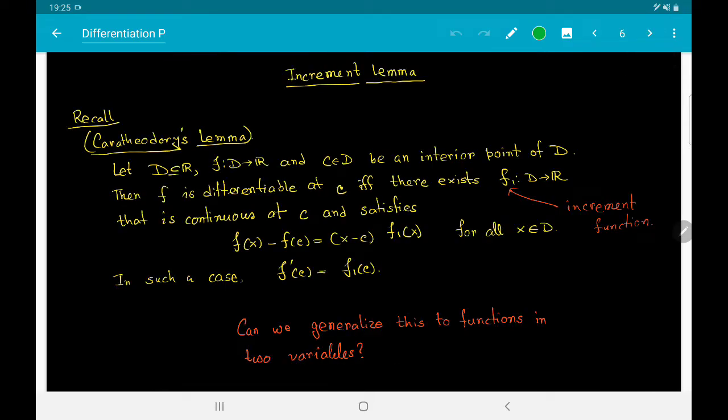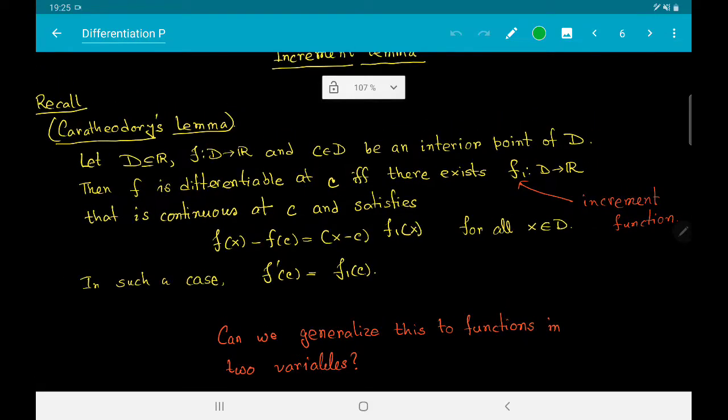So let us go forward and look at an analog of Carathéodory's lemma that we have seen in our one variable calculus. So what was the statement?